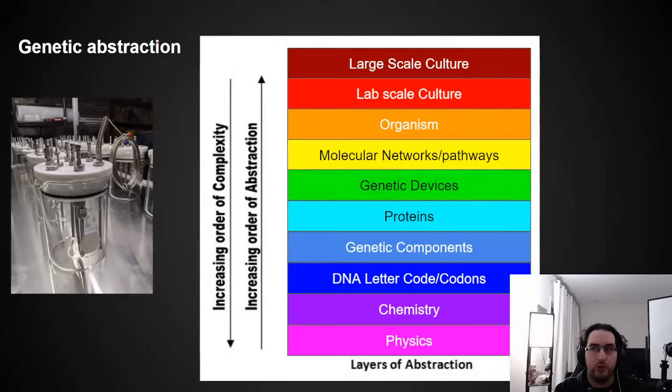From proteins, you go to collections of proteins. These are what we call genetic devices. This could be a collection of proteins that do a specific thing, but it can also be a very small subset of things. For example, there's a set of 3 proteins that they found in some sort of bacteria.